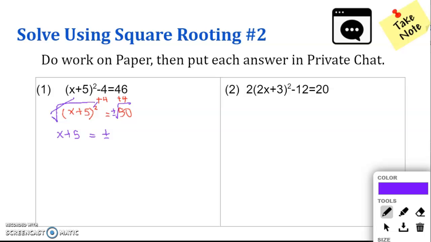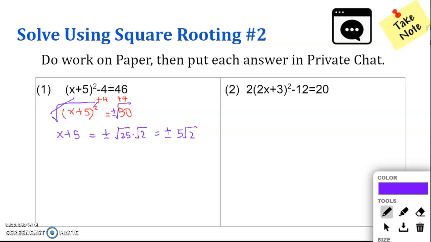Now square root of 50, this is not a perfect square, but it does have a factor that is a perfect square, which is what? It's 25 and 2, right? So that means this can be simplified to plus or minus square root of 25 is 5, and square root of 2 is just itself, so 5 root 2.